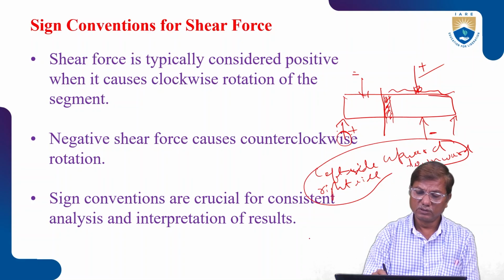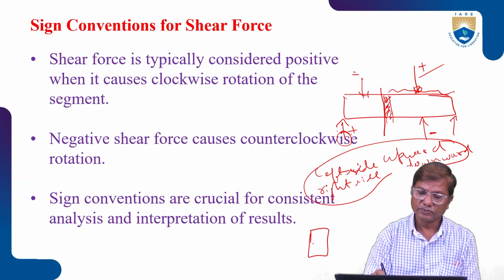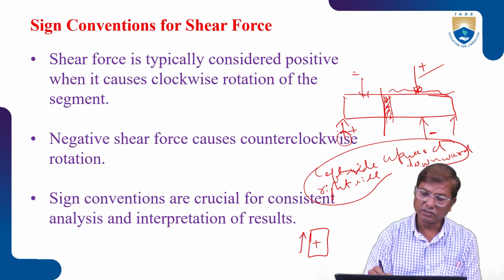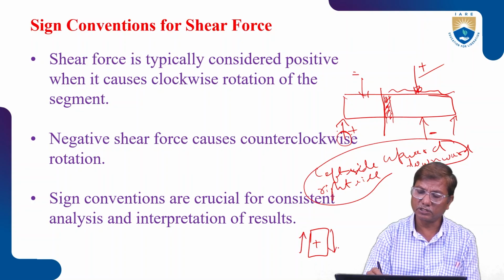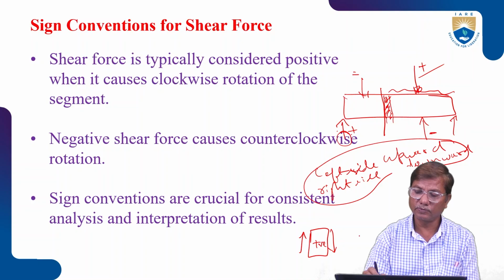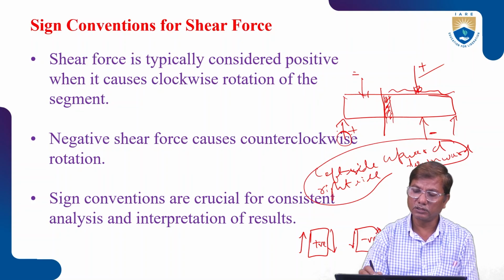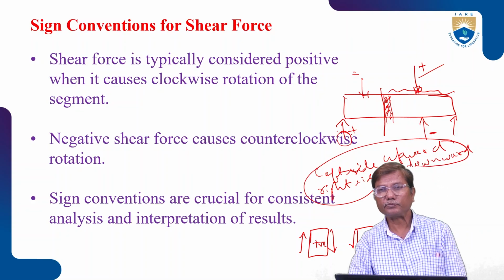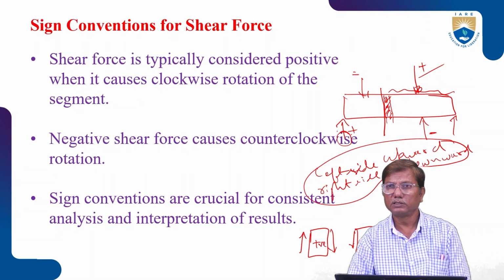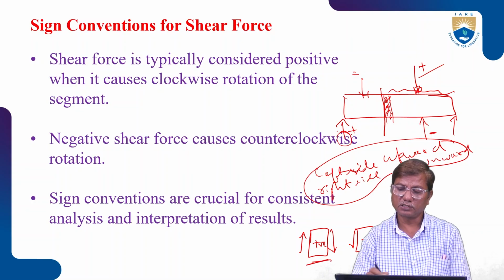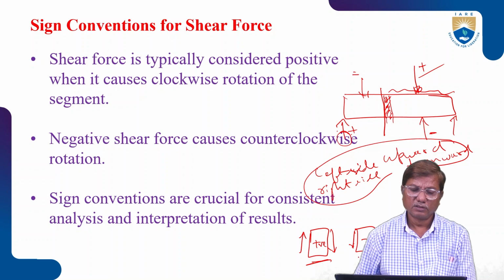So we can simply write like this: left of the section upward, right of the section downward are positive, and left side downwards and right side upwards are negative. Opposite to this is negative.